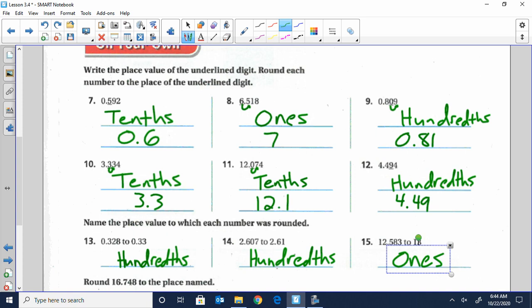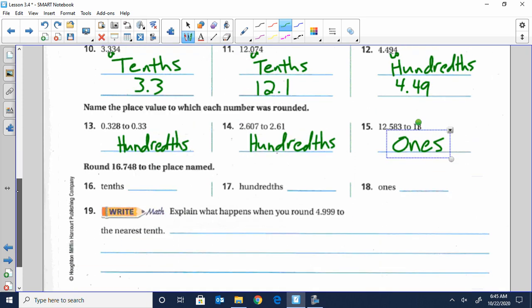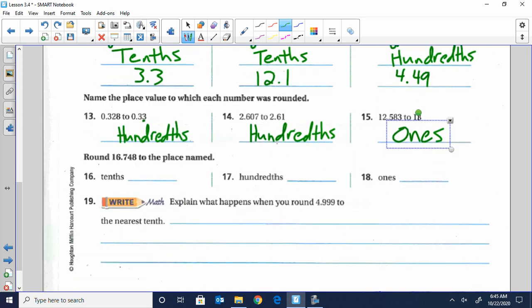On number 12, the 9 is in the hundredths place. It looks to the 4. The 4 tells the 9 to stay the same, 4 and 49 hundredths. Number 13 was rounded to the hundredths place because that's where the 3 is at in 33 hundredths. Also, you can look, the 2 looks to the 8.